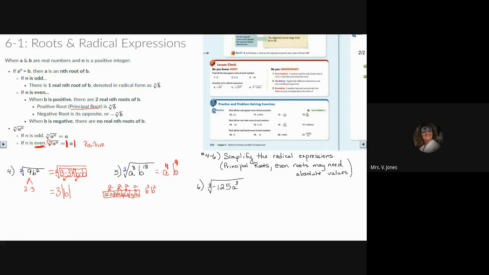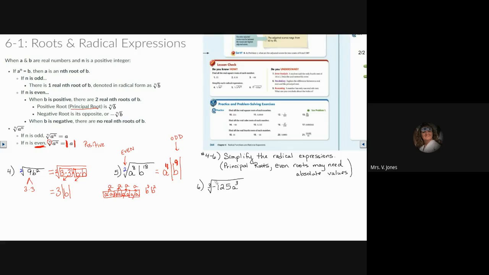But when you take a negative to an odd power of 9, that could produce a negative number. So this part has to have the absolute values. The way to remember that: this only happens when the root is even. That's the only time you'll have to deal with absolute values in your answer. And if this is even, you'll use it when this exponent is odd.